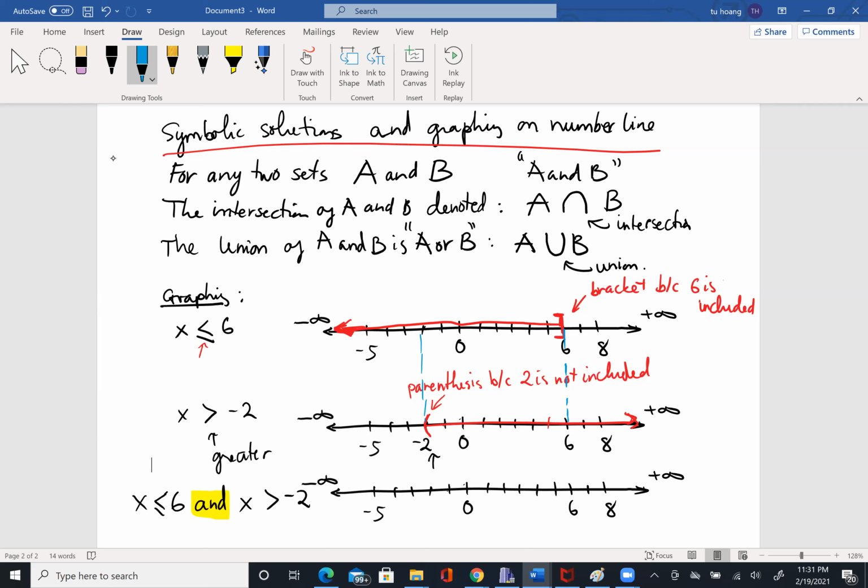So you will take from -2 to 6, to 6 inclusive, because this set is satisfied for both sets above.